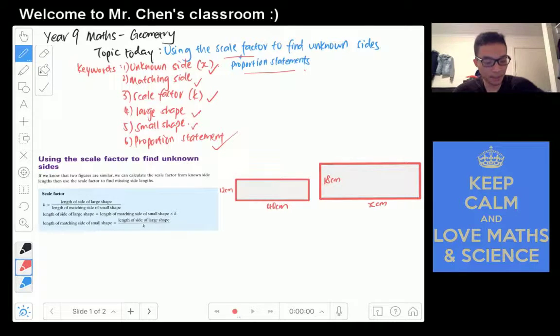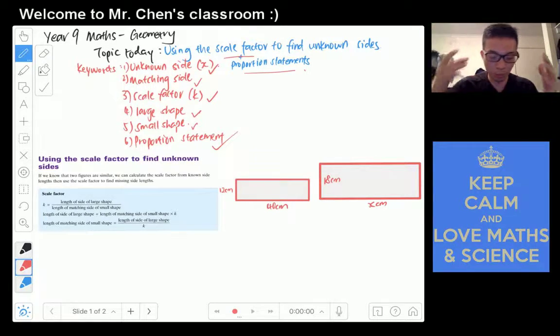So let's begin. Using the scale factor to find the unknown side. If we know two figures are similar, and for those who don't know, similar figures have the same angles but different lengths. The lengths are usually in proportion, as in it can be twice as big or half as big as the original one.